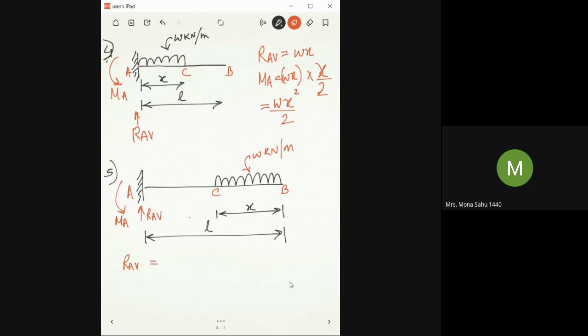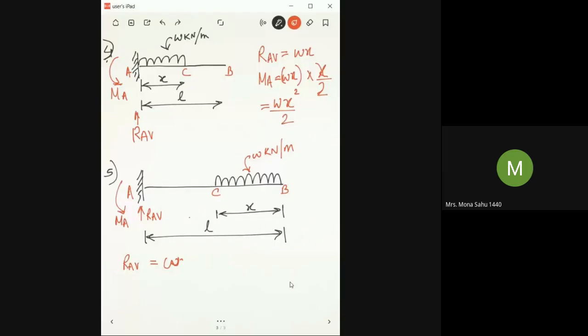Can someone tell me? WX, so that will be RAV. What about MA?